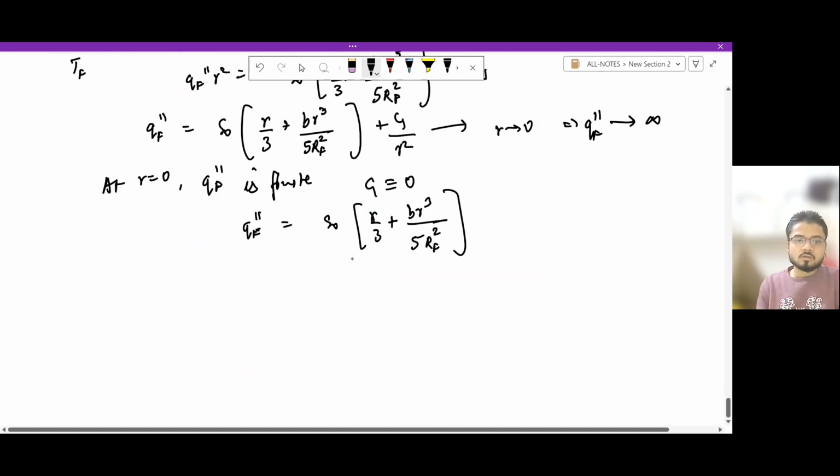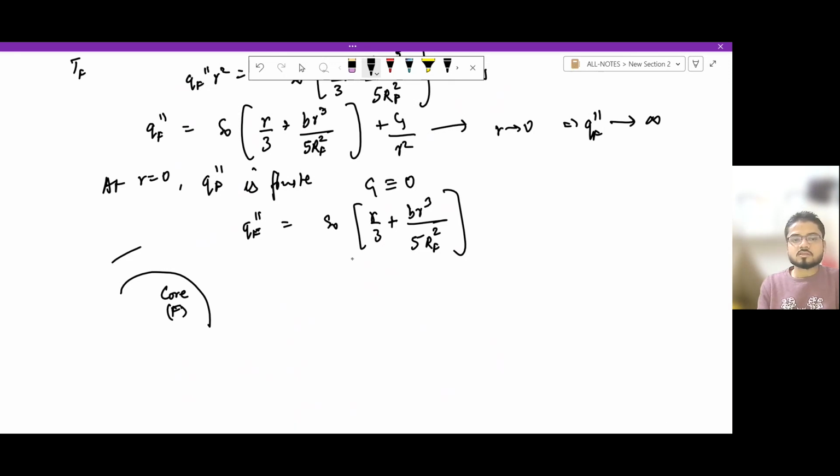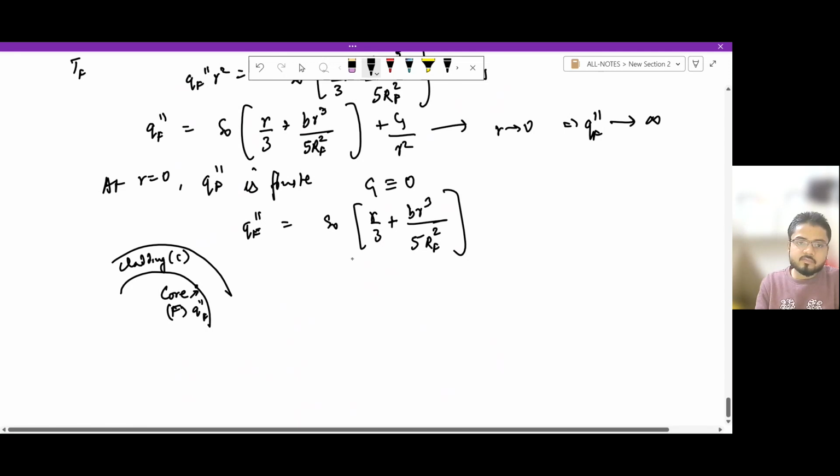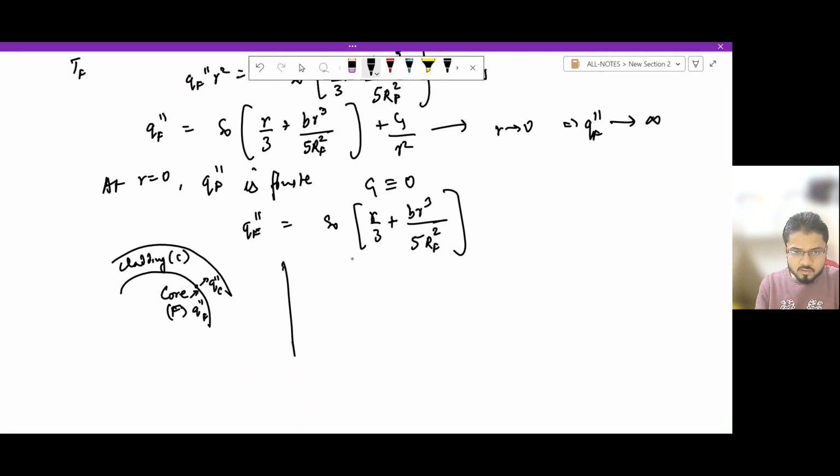Now, just look at the interface. This is the core, and that is F, and this is the cladding, that is C. So at this interface, from here you've got Q double prime F, and from here you've got Q double prime C. So since the interface does not store any heat, if you take a really thin control volume right here, close to 0 thickness.